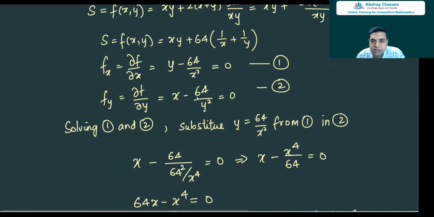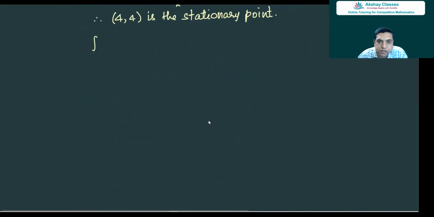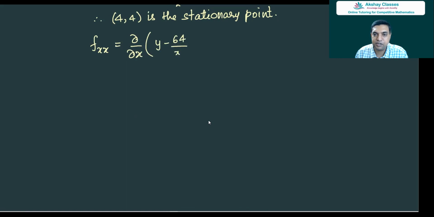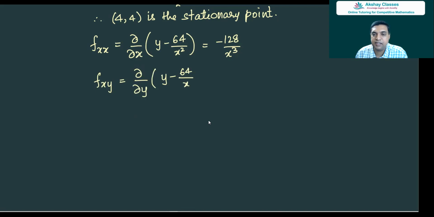And now let us find the second derivatives. fxx is the derivative of the first derivative, y minus 64 upon x square, which is minus 128 upon x cube. fxy is d by dy of y minus 64 by x square, which is 1.